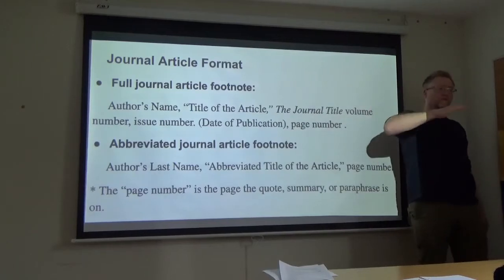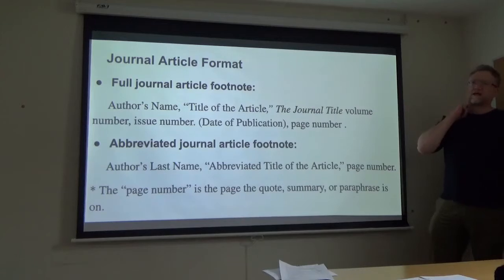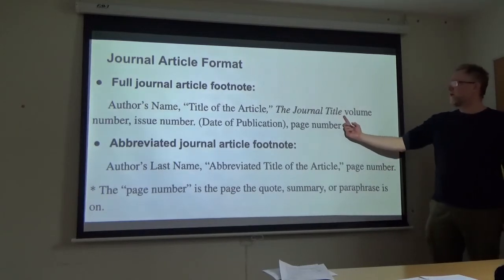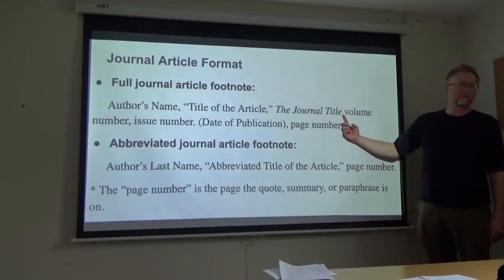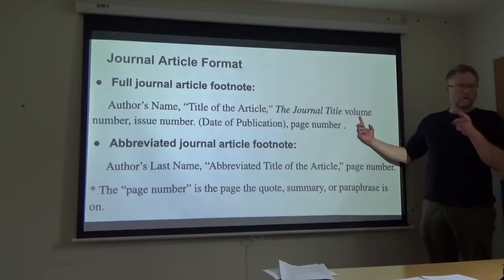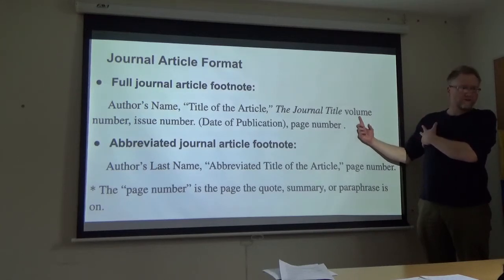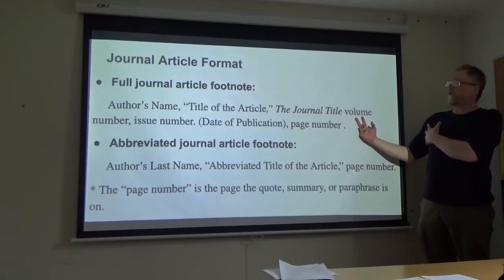What? Italics. It is in italics, okay? And then what do you have here? Just a space. Then you have what? Volume number. And you will see this. It's usually very clear. You'll find two numbers. The first number will be the volume number.